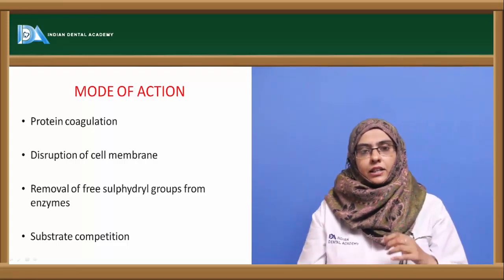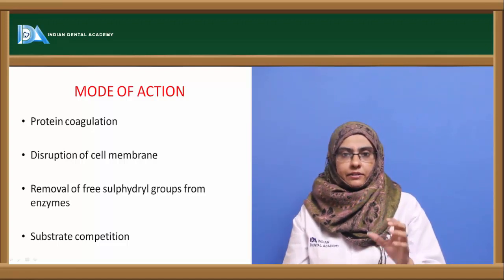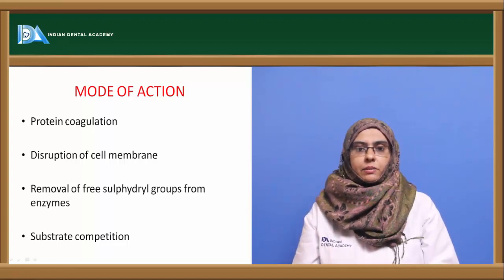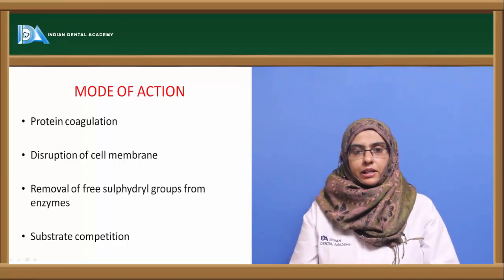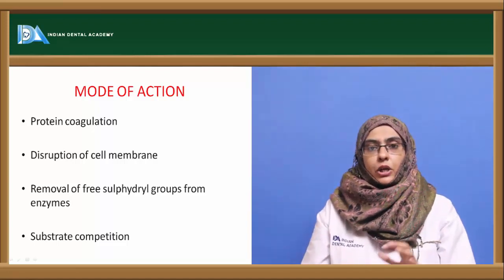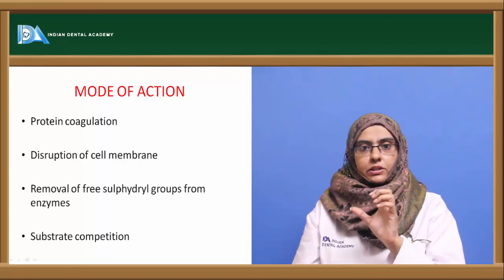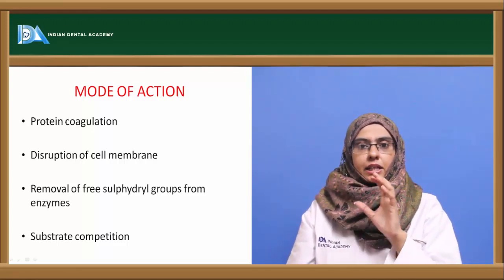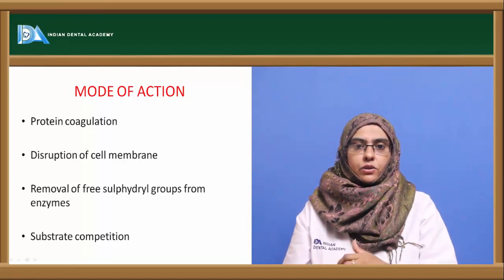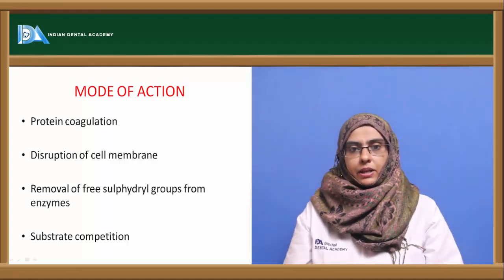Apart from that, this chemical agent can also target free sulfhydryl groups of an enzyme. Enzyme is an important biocatalyst to carry out different biochemical reactions inside the microorganism. So when this sulfhydryl group is removed or it is being targeted by the chemical agent, the enzyme is rendered inactive and it is no longer taking part in the biochemical activities.